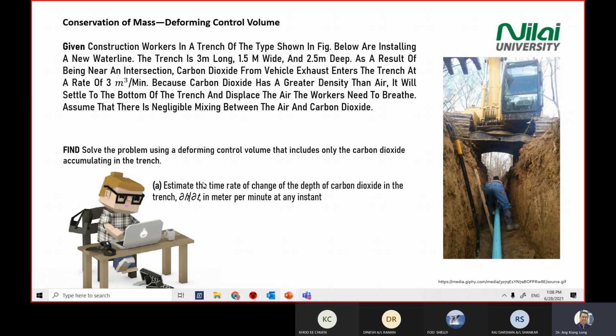So you need to estimate the time rate of change of that CO2 in the trench in meters per minute at any instant. If you use a different scenario, with a fixed control volume you get one answer, and with a deforming control volume you get another answer.